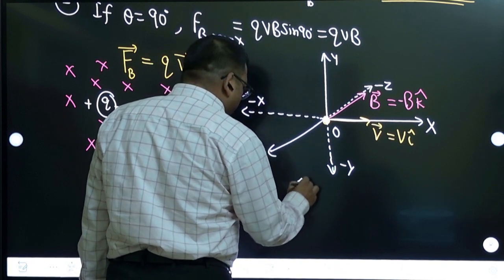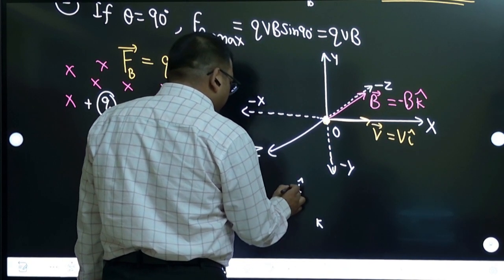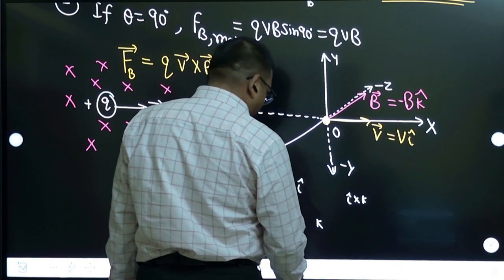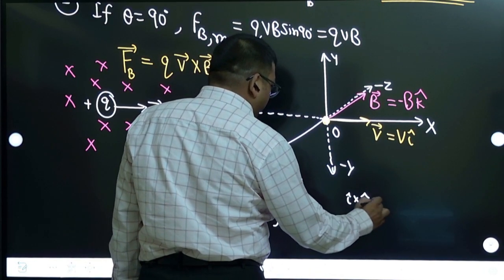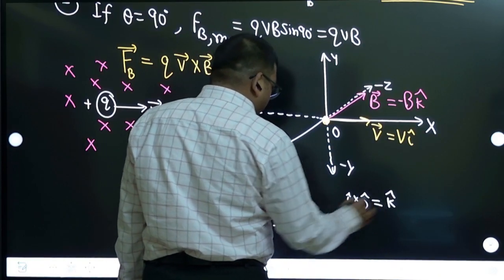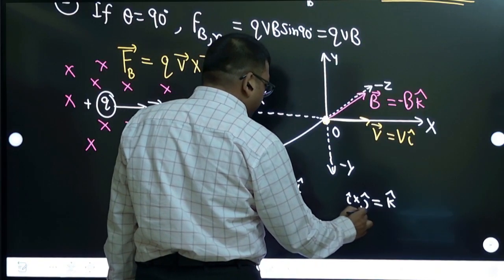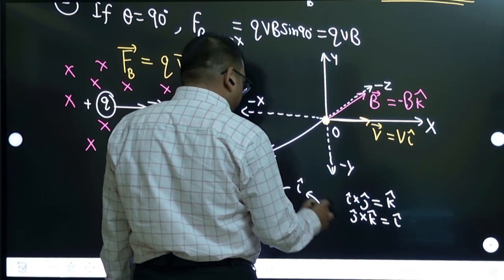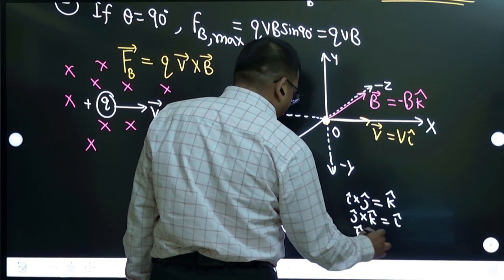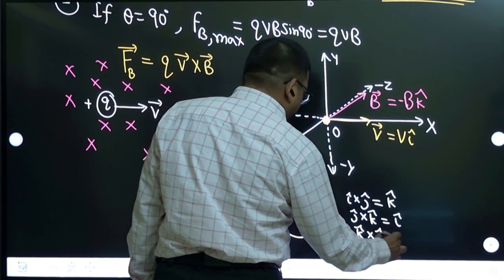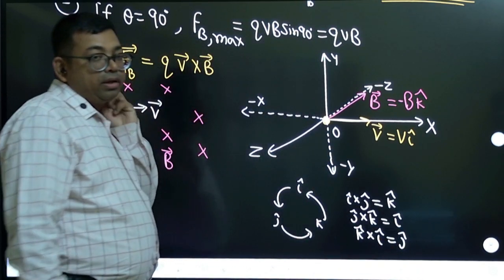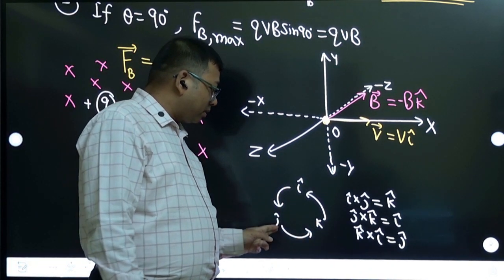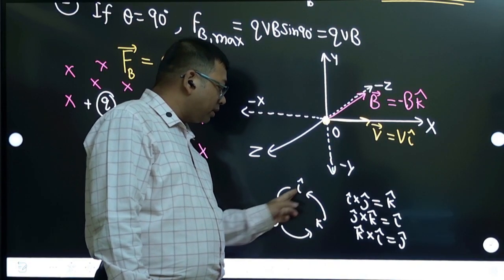Let me write i, j, k. i cross j gives k cap, j cross k gives i cap, and k cross i gives j cap. This is cyclic order. If you go in the anti-clockwise direction, i cross j gives k, j cross k gives i, and k cross i gives j.